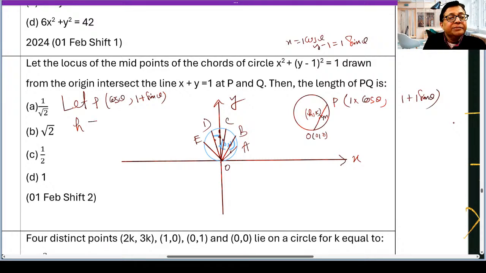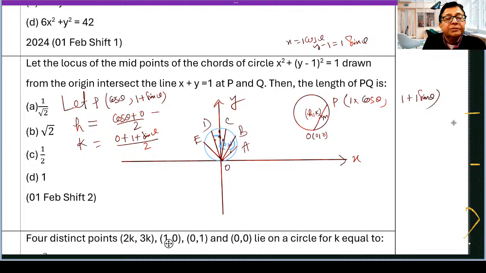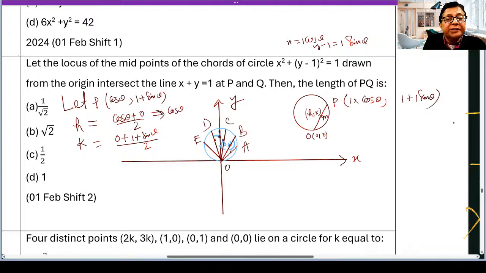Then H is what? Midpoint be H, K. H is cos theta plus 0, divided by 2. K will be 0 plus 1 plus sin theta, divided by 2. I need the equation containing H and K, so theta should not be there. You take cos theta from here to H, and sin theta from here to K minus 1.